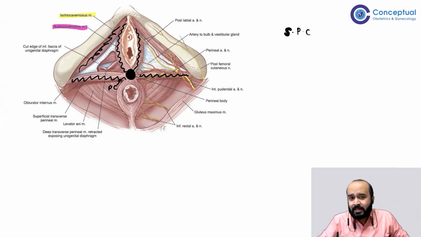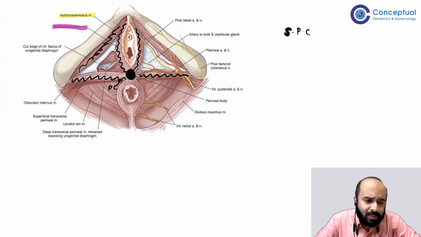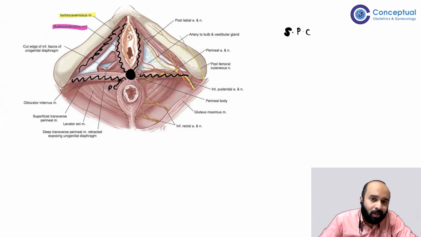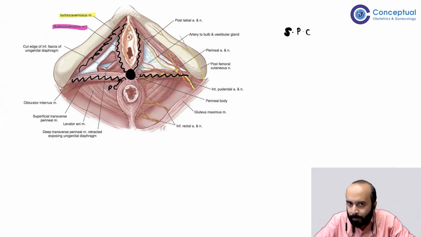And Kegel's exercises, which in my opinion are literally non-existent in our country, there is absolutely no awareness to do them. If these Kegel exercises are not done, then the tone of this perineal body is never going to be regained by the female after her delivery. Because of that, these women are going to develop early onset pelvic organ prolapse.